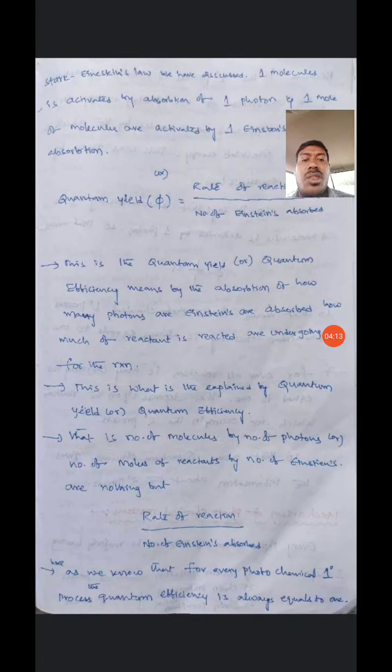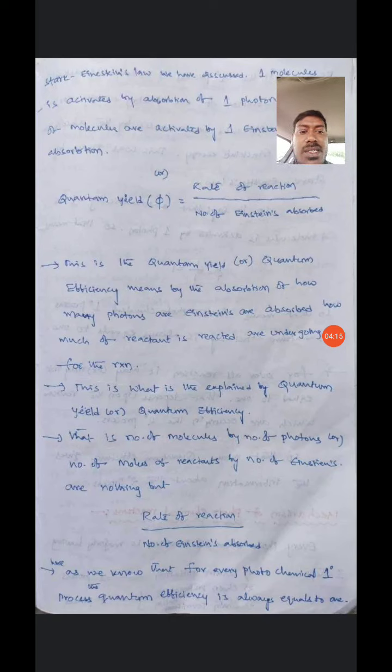Or the quantum yield phi is equal to the rate of reaction divided by the number of Einsteins absorbed.